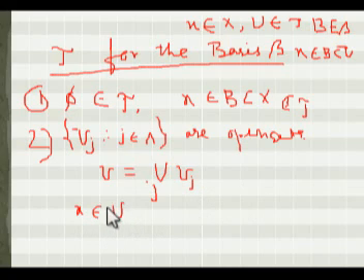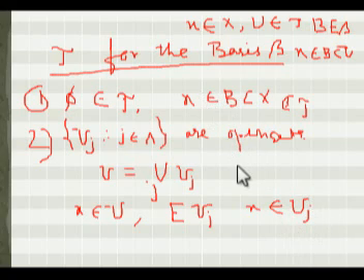So one point to notice is that if any x belongs to U, there must exist a Uj such that x belongs to Uj, because U is the union of Uj. And by our first axiom of basis for the topology, a basis member B must be found for Uj.